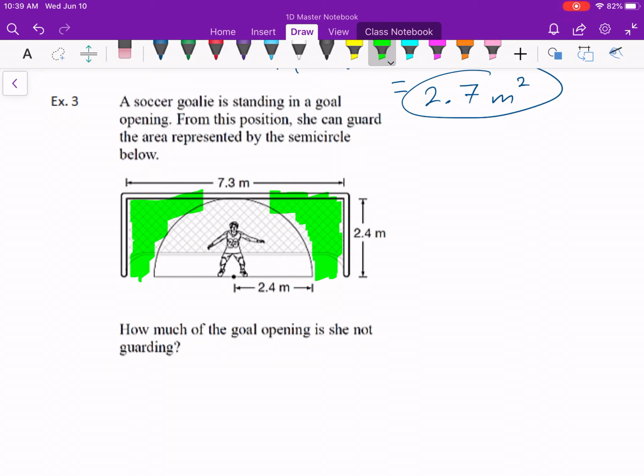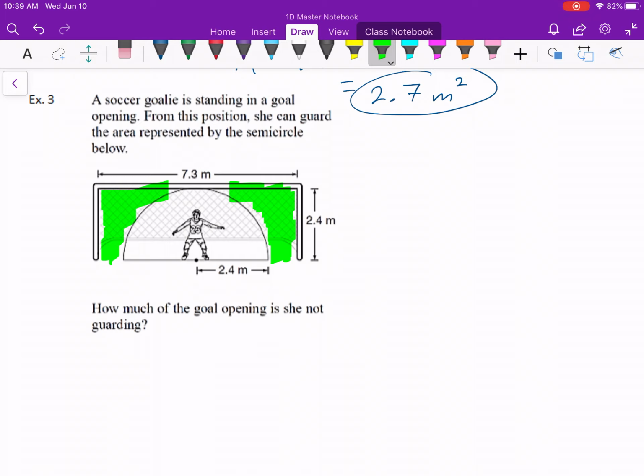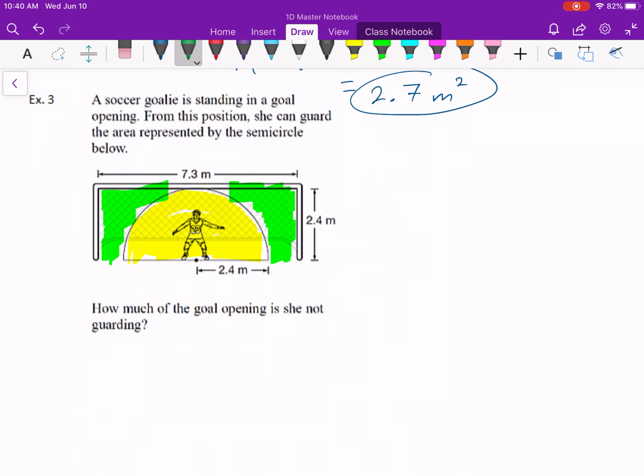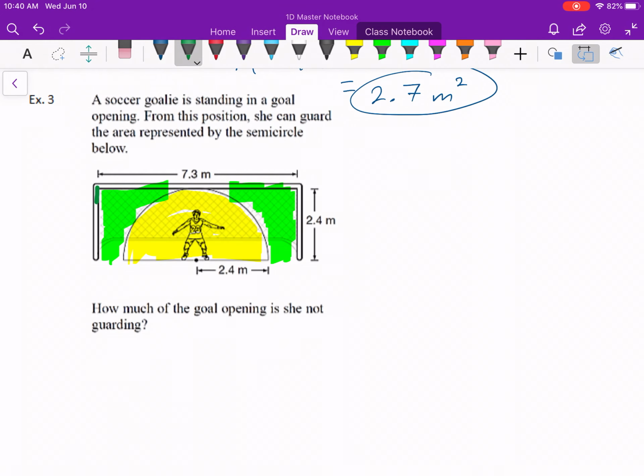Hopefully, when you look at this question, you can see the clear difference between this one and the first two. This is one where we've got a shape, a rectangle, and instead of adding another shape to it, they've removed a shape. We're going to take away this area from the rectangle. Stick with green. And so we're going to have this shape here in green.